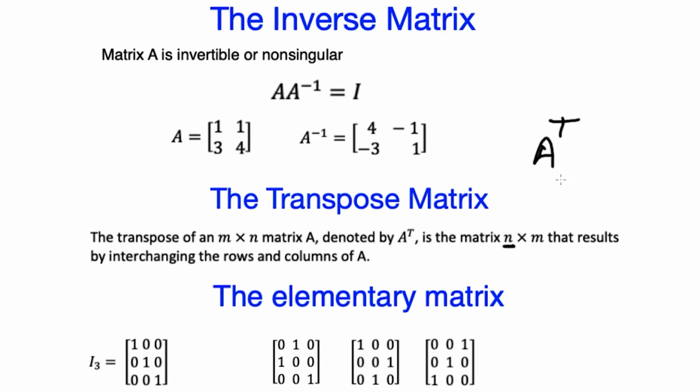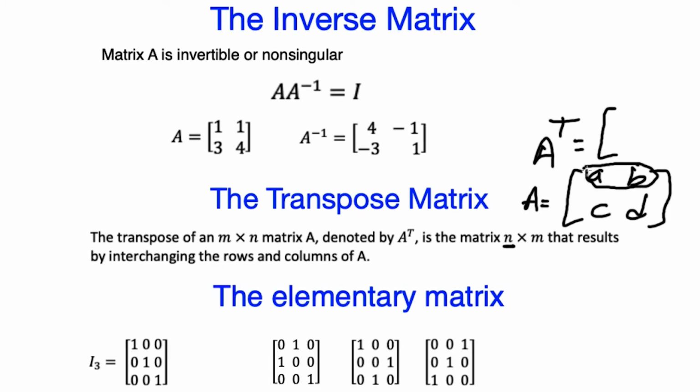For example, if we have the matrix A equals A, B, C, D, to get the A transpose matrix, we just interchange the rows and columns. The first row of A will be the first column of A transpose, so it will be A, B here.